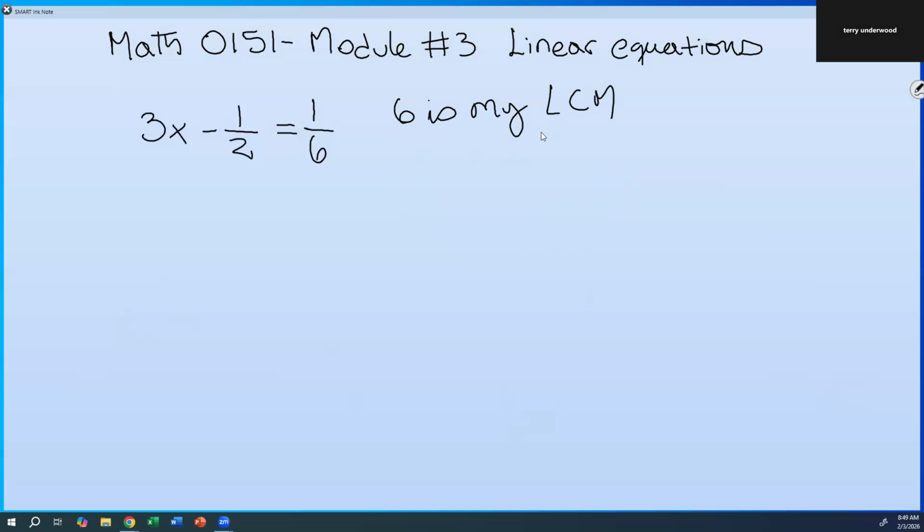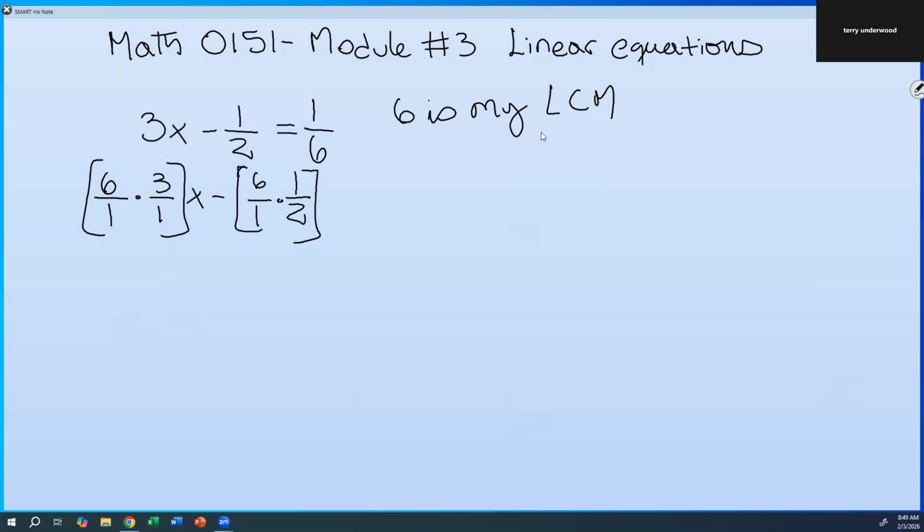So I will start first of all and multiply 6 over 1 times 3 over 1, and I'll put my x outside. Then minus, I'll put my bracket again, 6 over 1 times 1/2.